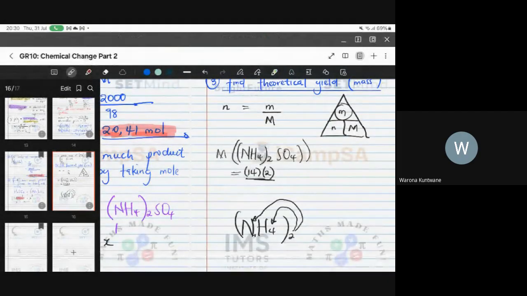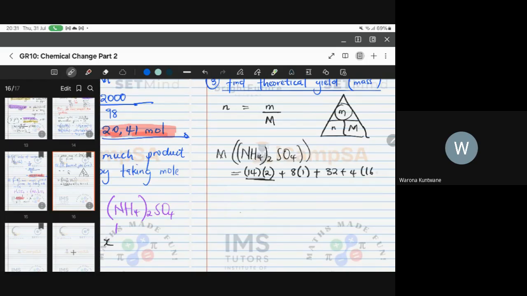It means here it's also going to be 4 times 2, which is 8. And the molar mass is 1, plus sulfur, which is 32, plus oxygen, which is 16.